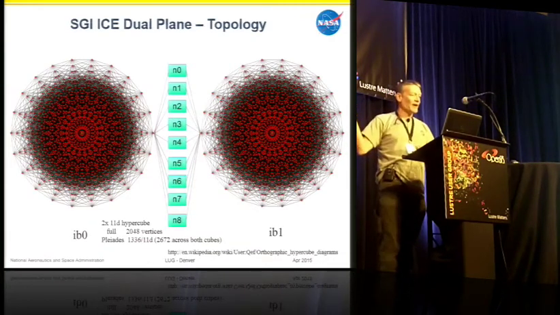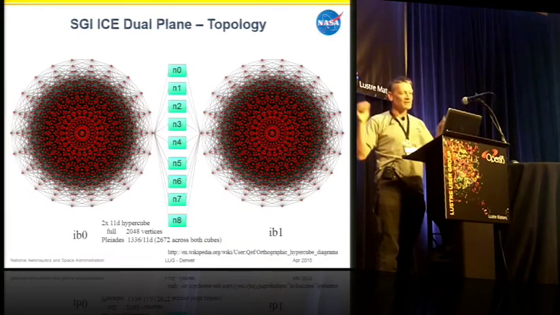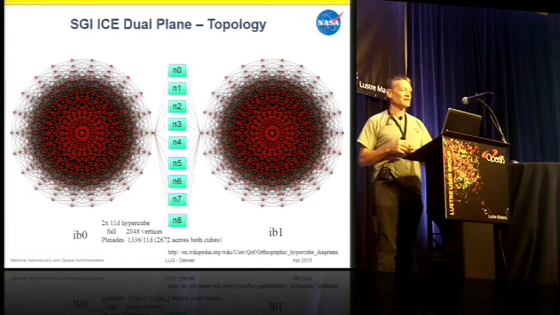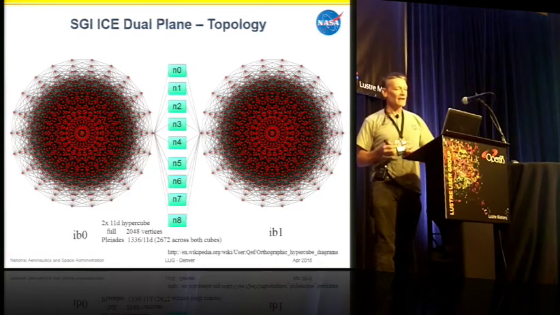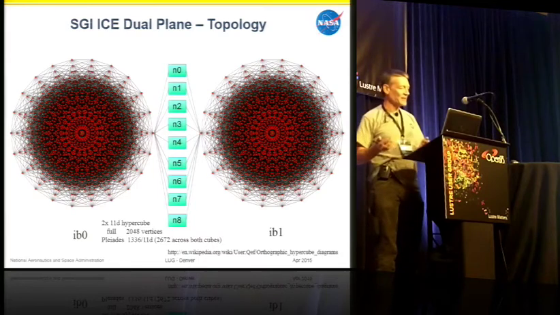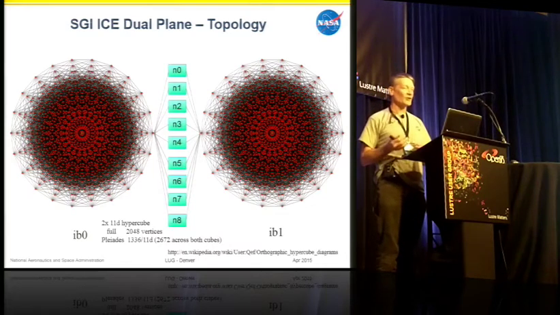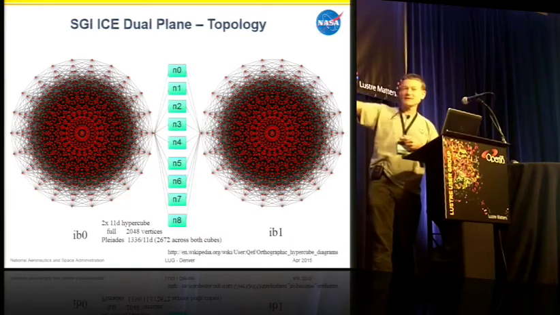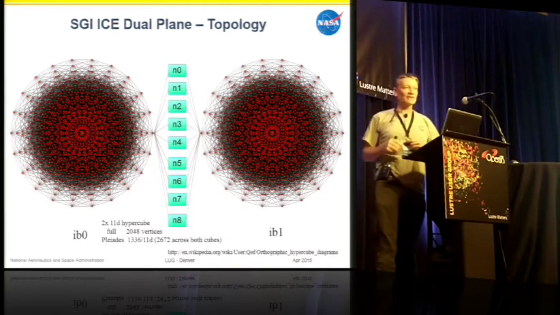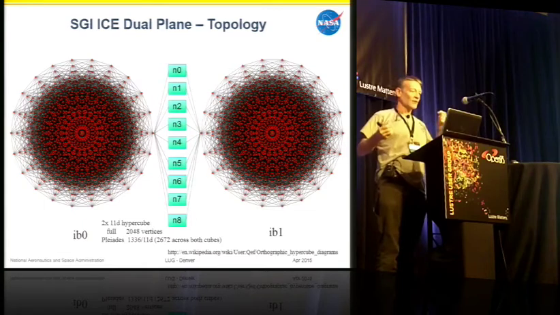So this is the topology of the system. Pleiades in general is an SGI system. It's a multi-dimensional hypercube, a partial 11D hypercube, and it's dual plane. Each of these big graphs represents one IB network.